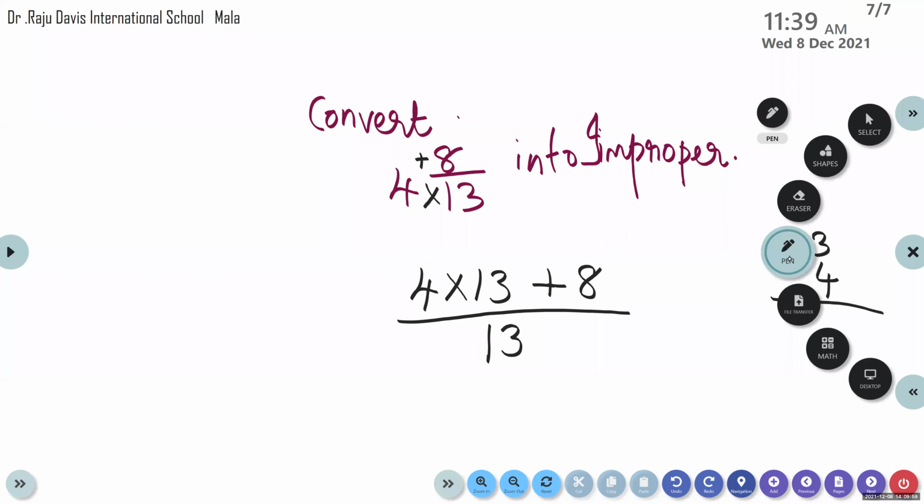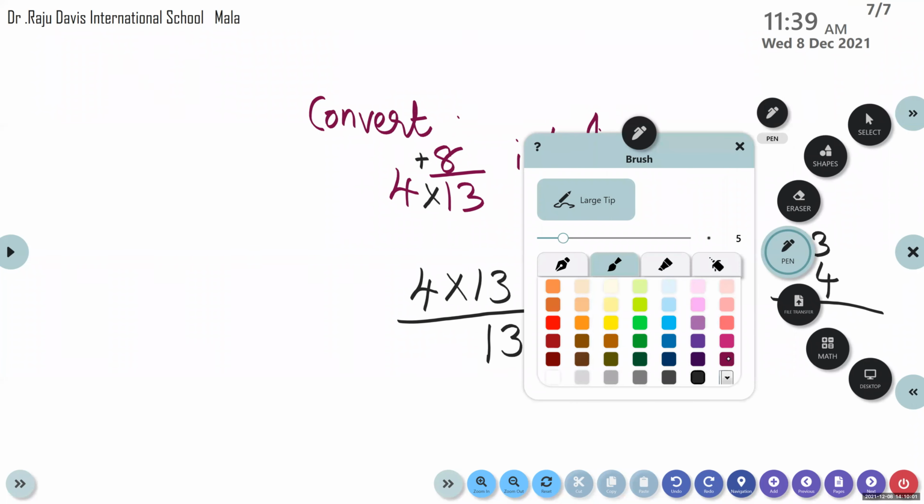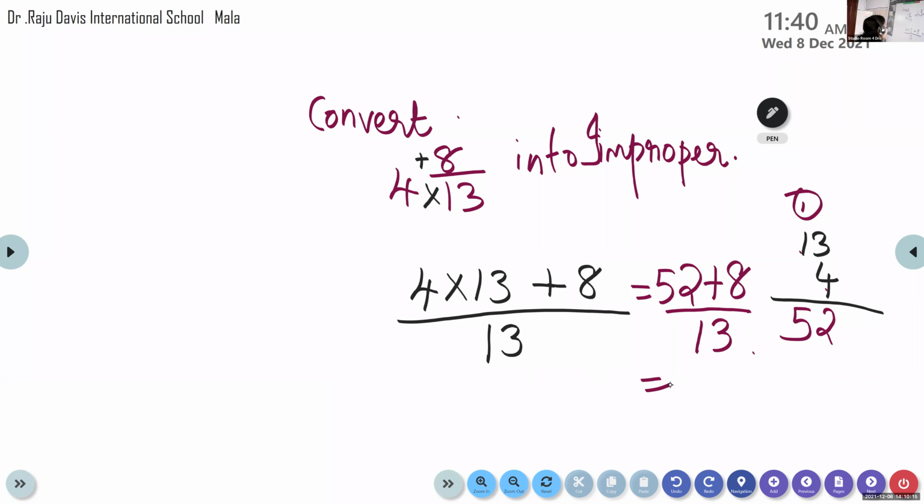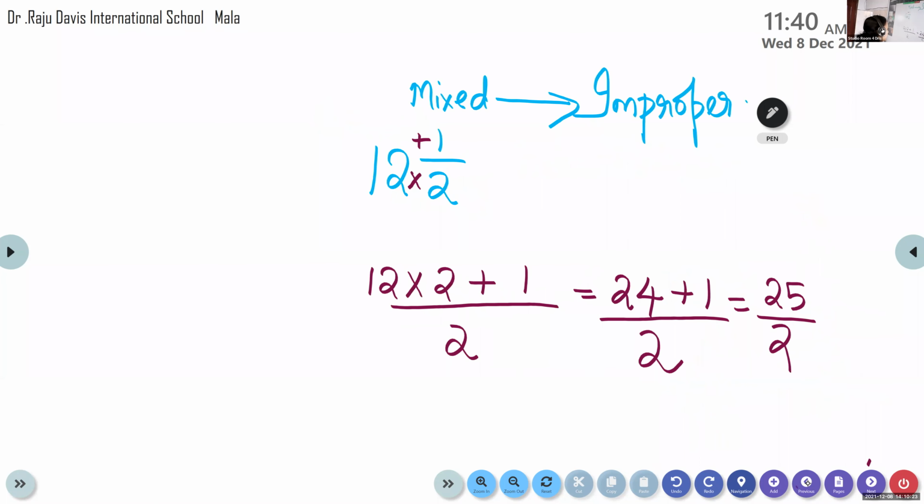Ma'am, the answer is 52. 4 threes are 12, 1 is carry over. 4 plus 1, 5. So it will be 52. Add the numerator by 13. So what is the answer? 52 plus 8, 60 by 13. Okay.